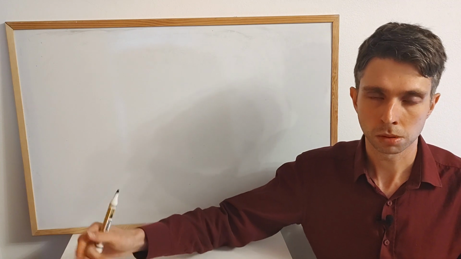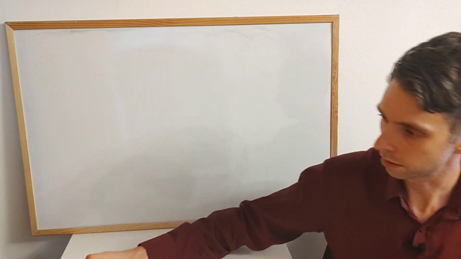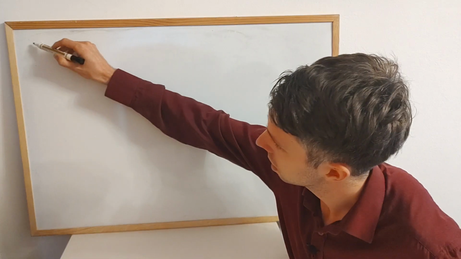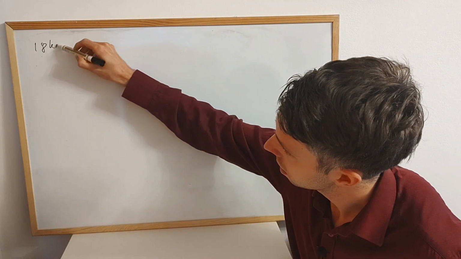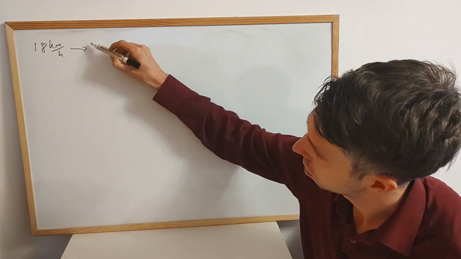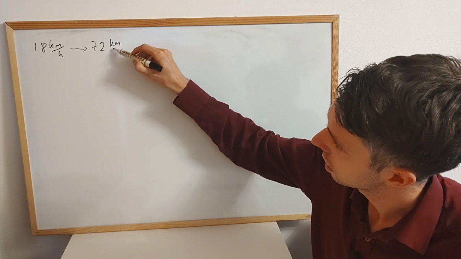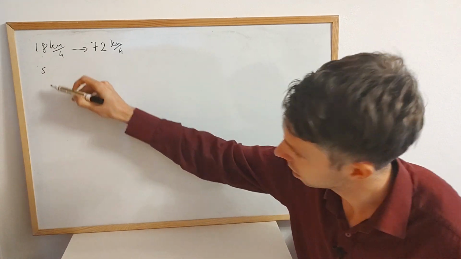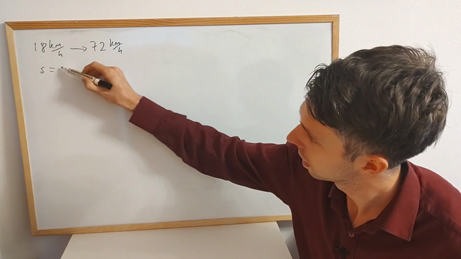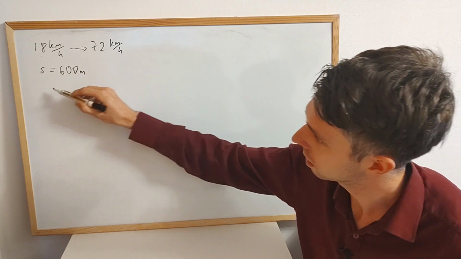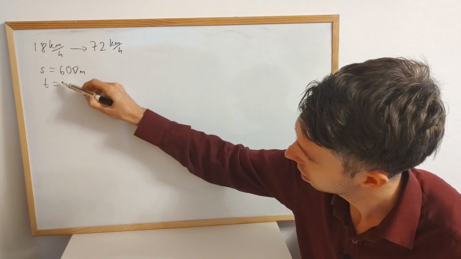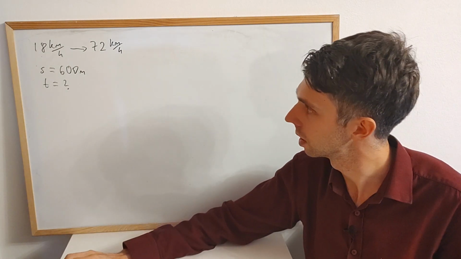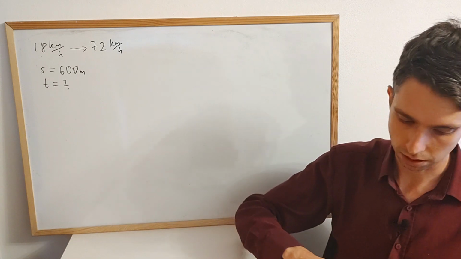So now we focus on the case of the car, which accelerates from the initial speed 18 kilometers per hour to speed 72 kilometers per hour, and it makes it at the distance of 600 meters, and the question is in what time it makes it.